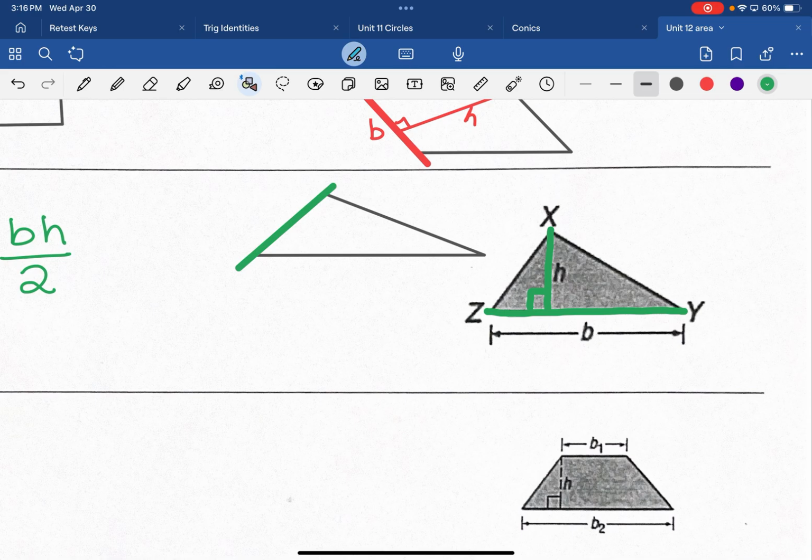And if that side right there is the base, what's going to happen to my height? Right. Now, sometimes your height can be outside of your triangle, because in order to get that 90-degree angle, it has to be on the outside.